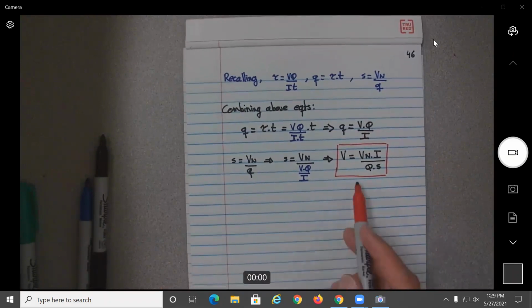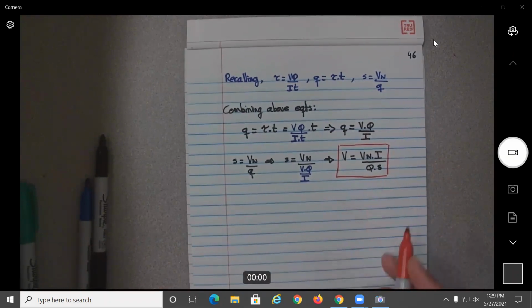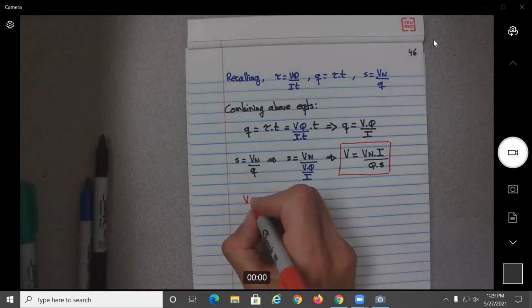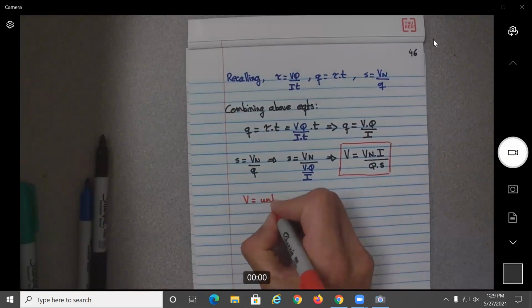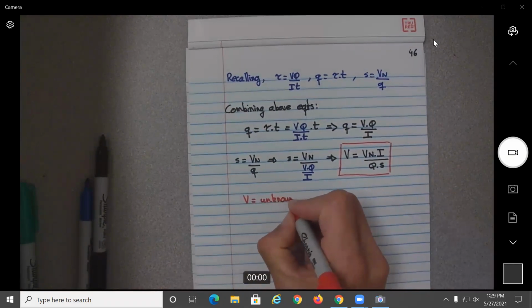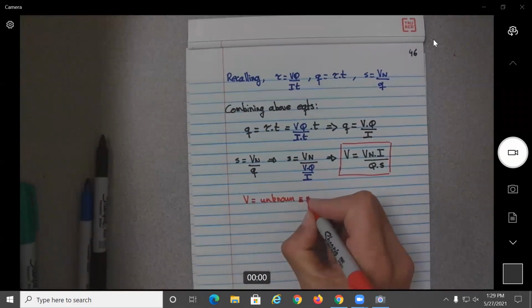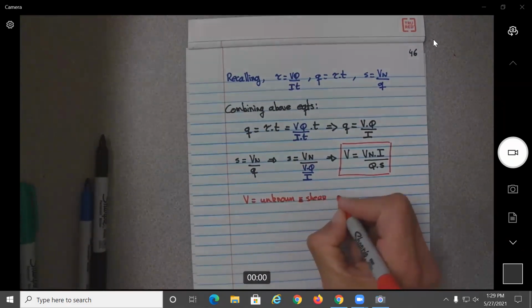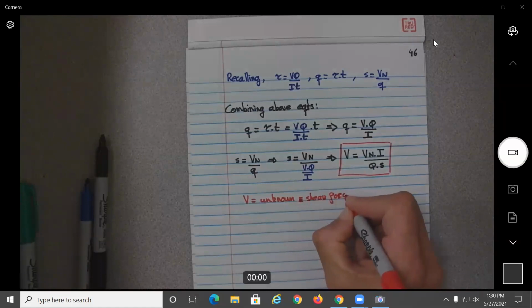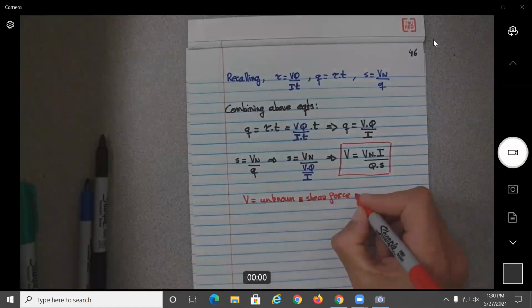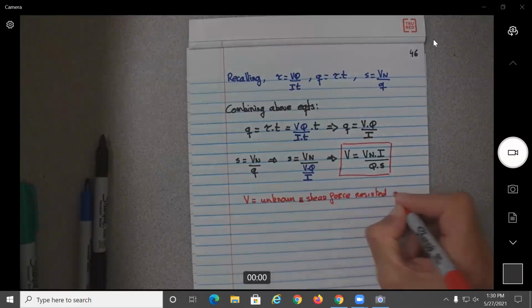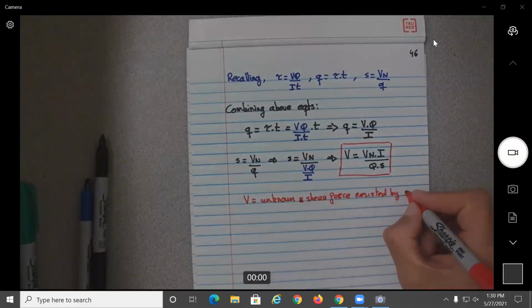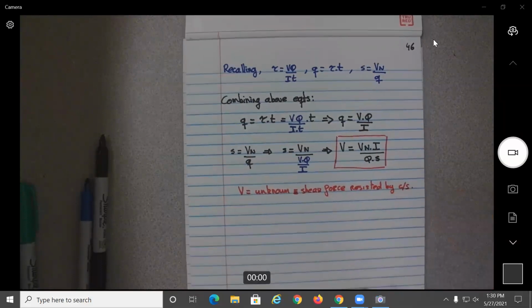Okay, so here let's make sure that we understand every single term. V is the unknown we're trying to find, which is what? The shear force resisted by the cross section.